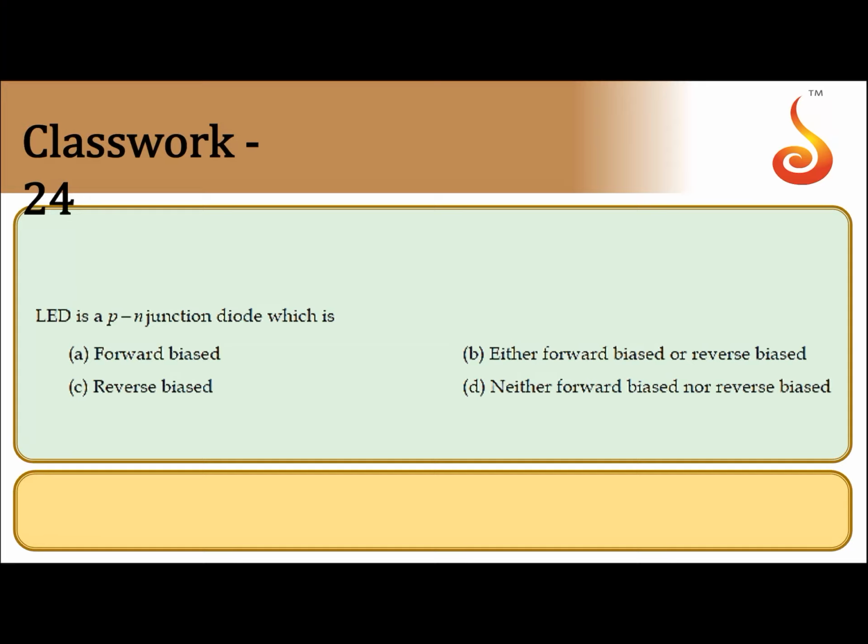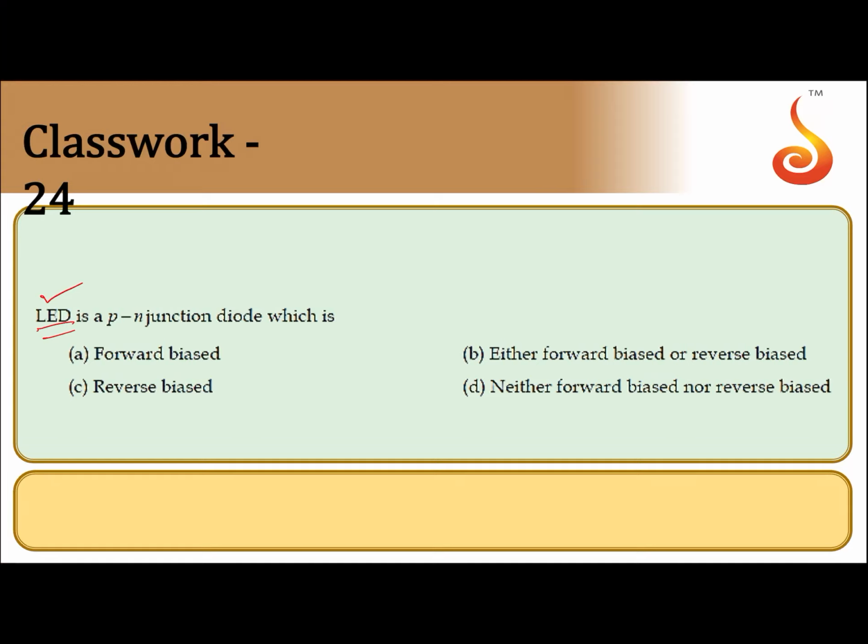LED is a PN junction diode which is forward biased, reverse biased, or neither forward biased nor reverse biased. See, LED is a special purpose diode. Remember, all special purpose diodes will be used in reverse bias except LED.